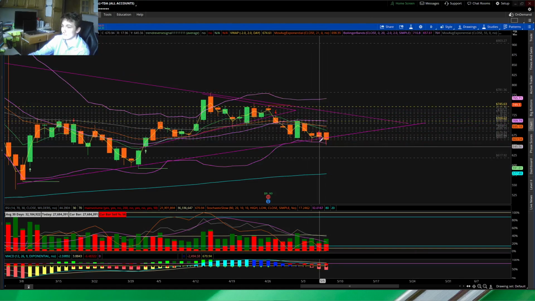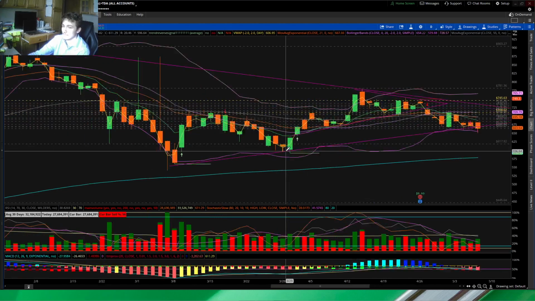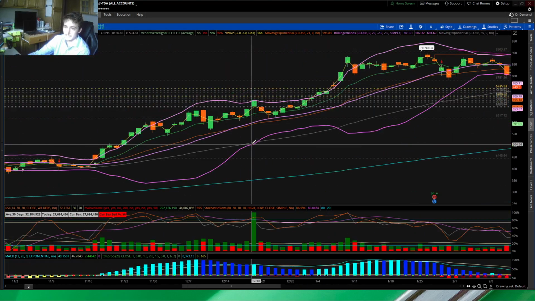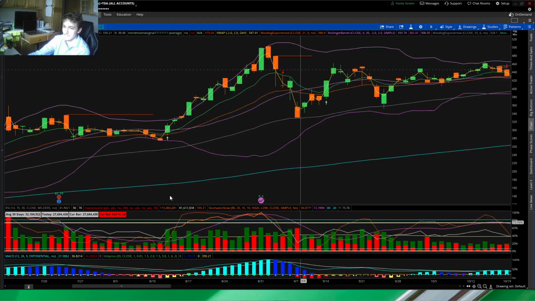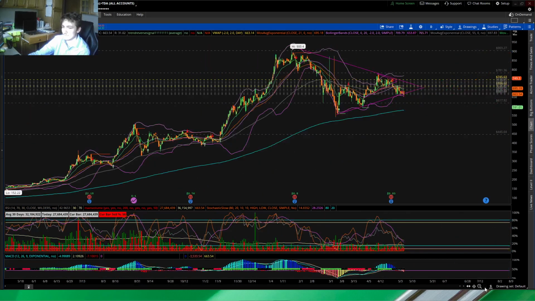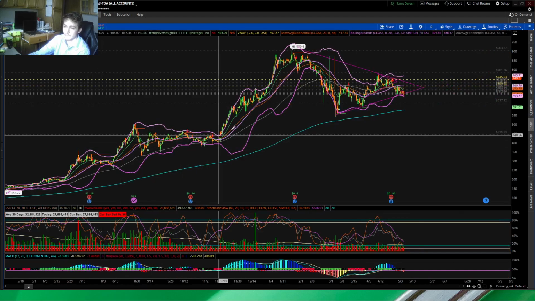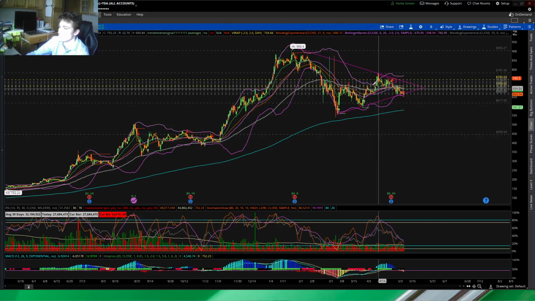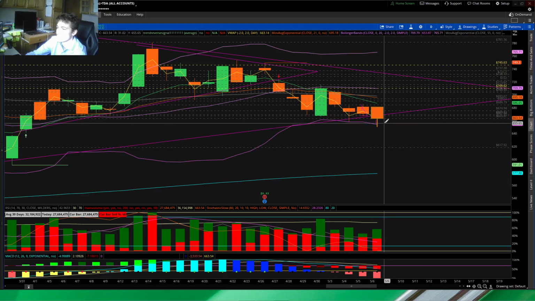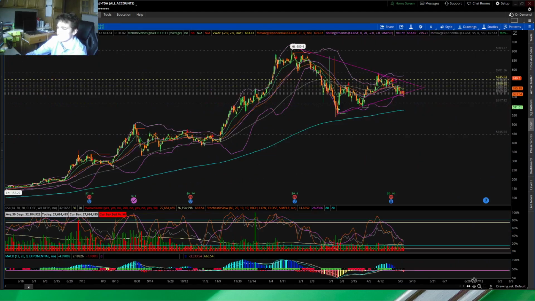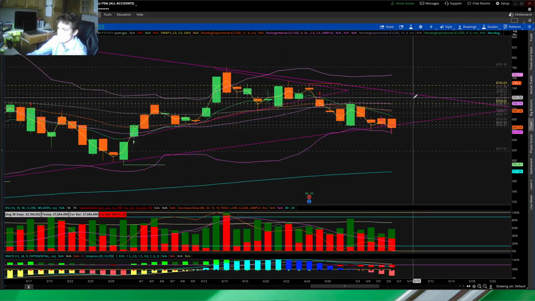It hit that lower Bollinger Band, so if you look at it, every time it's hit that bottom band, it's sprung back up, bottom band up, bottom band up, bottom band up. So you can almost guess that Tesla's going to be making a climb back up, just because of the trend line and the Bollinger Bands. It just makes sense. You can get an idea on that.